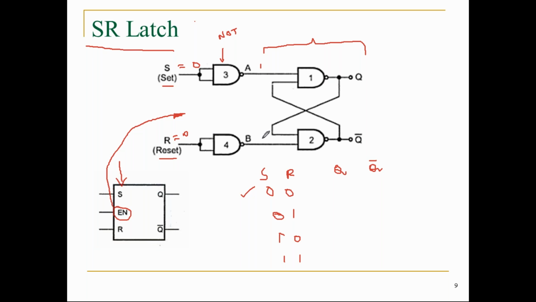Here also 1. What is the definition of the NAND gate based on the truth table? If any one of the inputs is 0, the output equals 1. But here it acts as an inverter, so I am giving 0 here and automatically the output will be 1. Listen carefully: one of the inputs of this NAND gate is 1, here also 1.